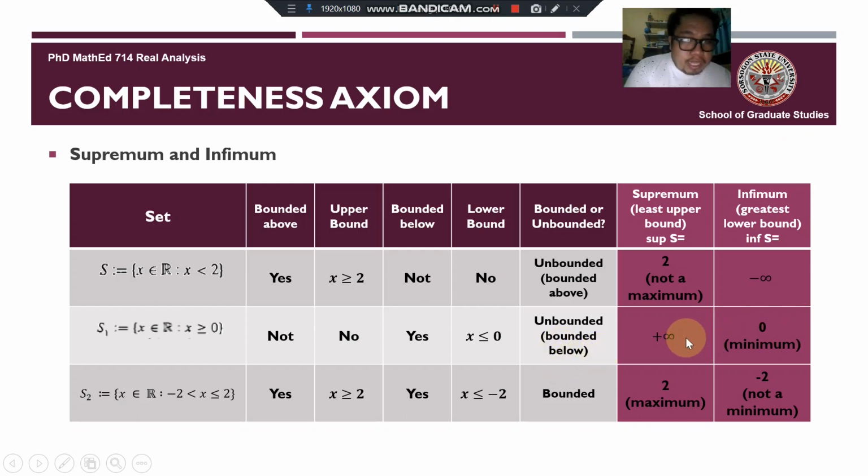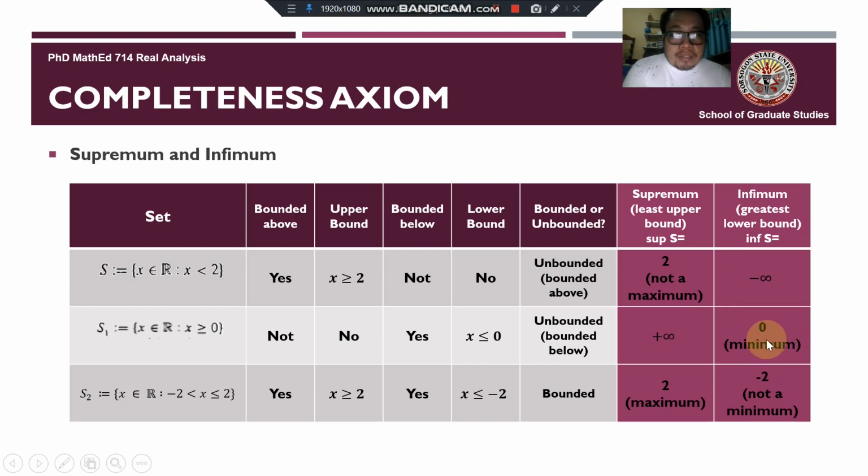So its supremum is positive infinity, while its infimum is exactly equal to 0, and that is considered the minimum of set S.